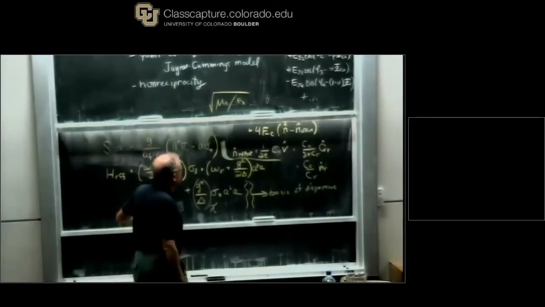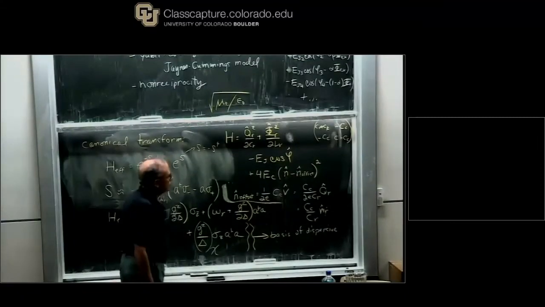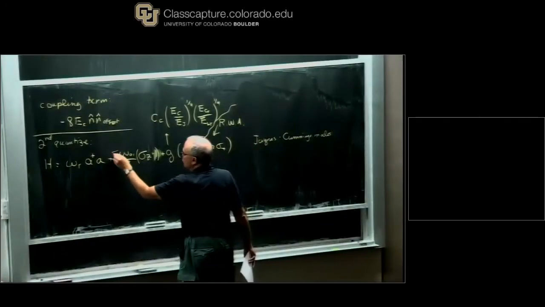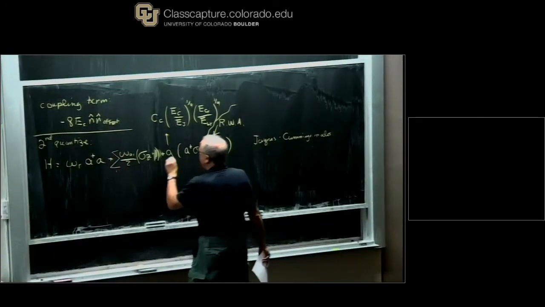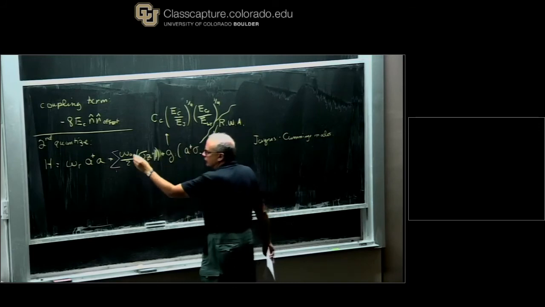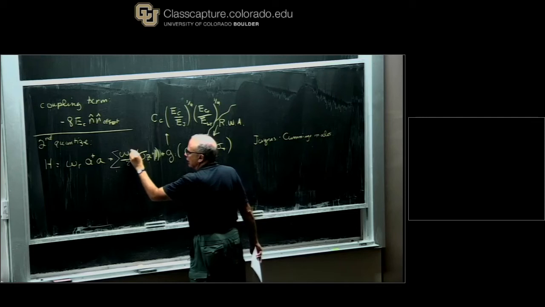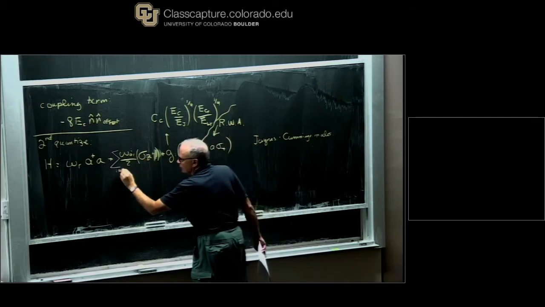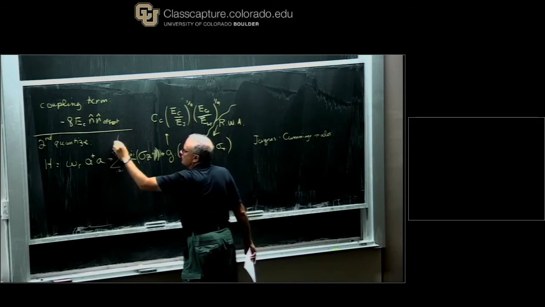I'm not going to draw any circuits, but I will get to the 2-qubit Hamiltonian by putting some sums here. I need two operators. It might possibly be I-dependent, that is I equals 1, 2 for qubit.